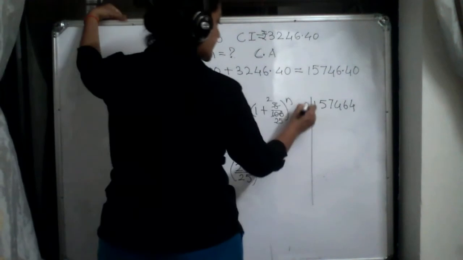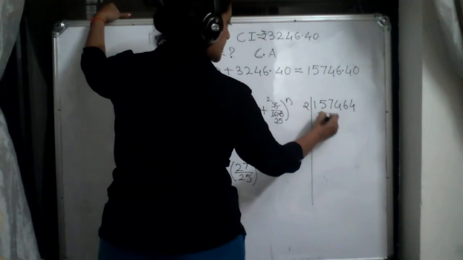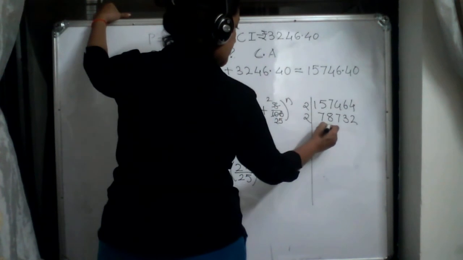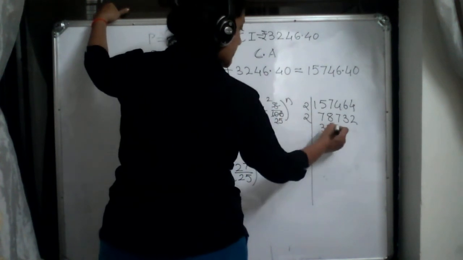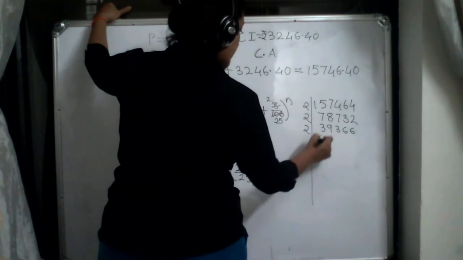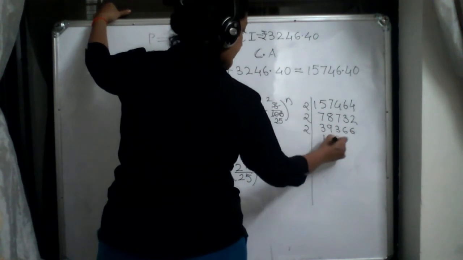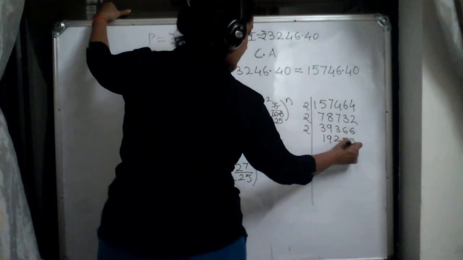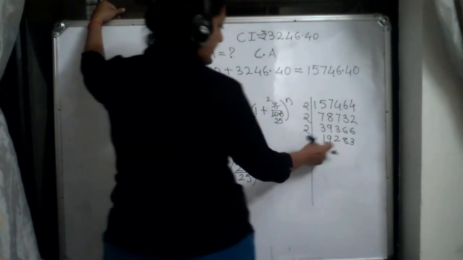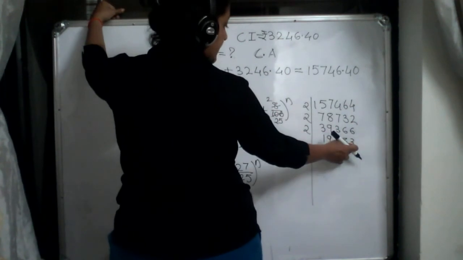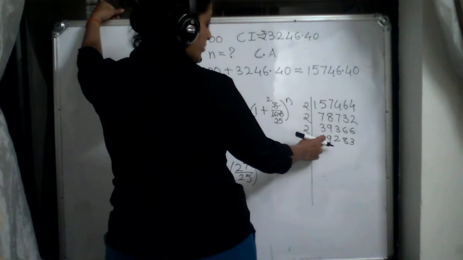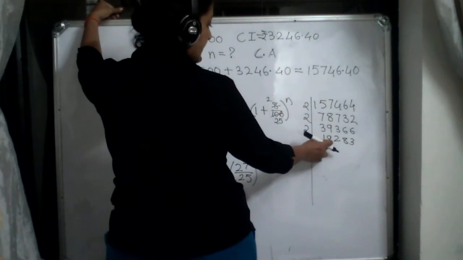Very well. Again 2 3s are 6, 2 9s are 18, 3 6s are 18, 6 2s are 12, 2 1s are 2. Now do you think it will get divided by 2? No, it will be divided by 3. How? 8 plus 3 is 11, 11 plus 2 is 13, 13 plus 1 is 14, 14 plus 9, how much do you get?